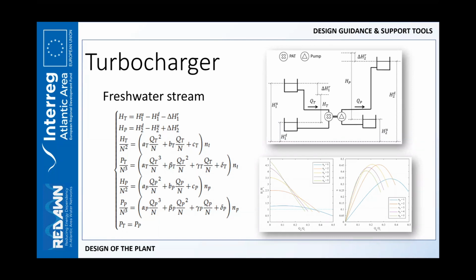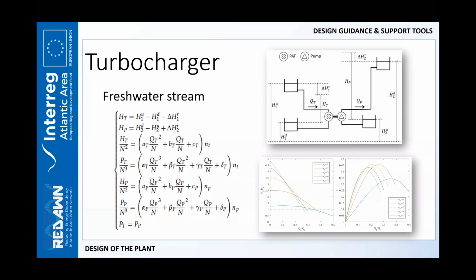So if the system is closed, I mean, if we have the already designed plant, we know the performance of the turbine and of the PAT, the system is closed and we have 7 equations and 7 unknowns.